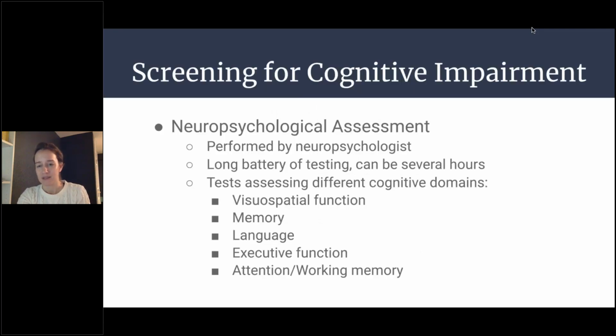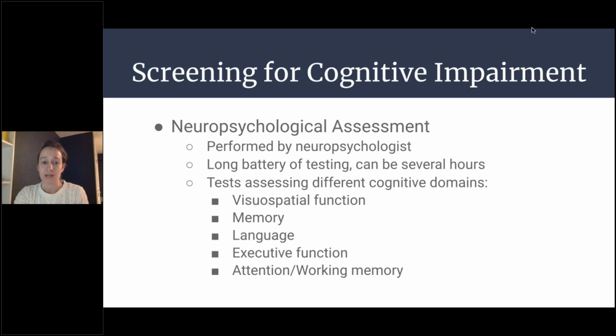The MoCA and the Mini Mental Status Exam take about 10 minutes to complete in the office. And we call them a screening exam because they can give us a rough idea of if someone is having memory problems that we can see on testing. If someone is having these memory problems and we're concerned, then we may recommend doing a more formal test called a neuropsychological assessment.